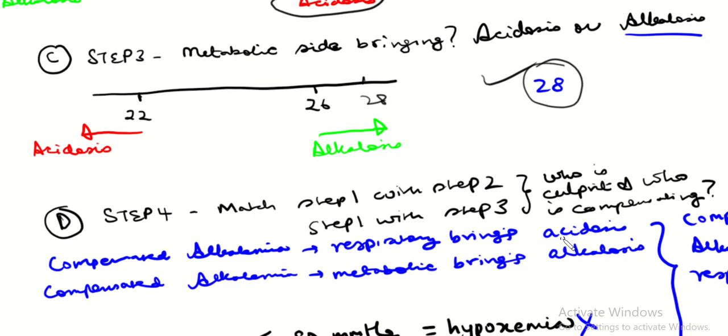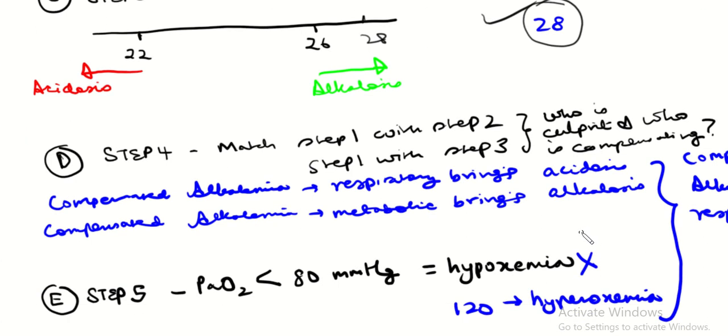Respiratory side bringing acidosis, so both don't match. Compensated alkalemia is matched with step 3, which is the metabolic side bringing in alkalosis. So metabolic alkalosis matches with compensated alkalemia. So it is compensated metabolic alkalosis with respiratory acidosis. Is there hypoxemia?